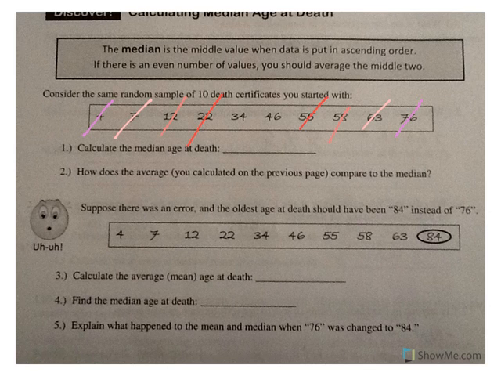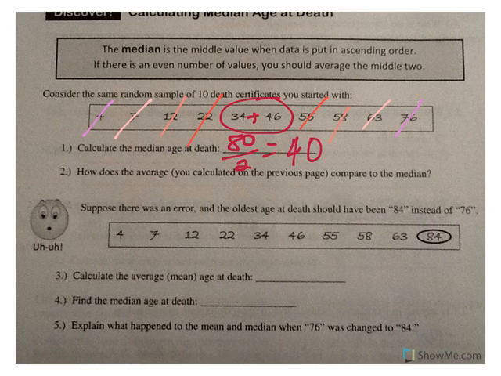Eventually you'll see in this case we have two numbers in the middle, so I want to know what's exactly in between those. To do that, I find the average of those two numbers. So I would take 34 plus 46 and get 80, and because there are two of them, I would divide by 2. So the median for this piece of data is 40.